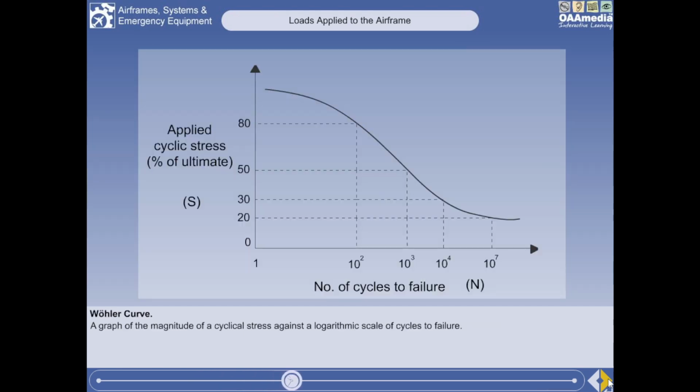In high-cycle fatigue situations, a material's performance can be graphically characterized by an SN curve, also known as a Wöhler curve.